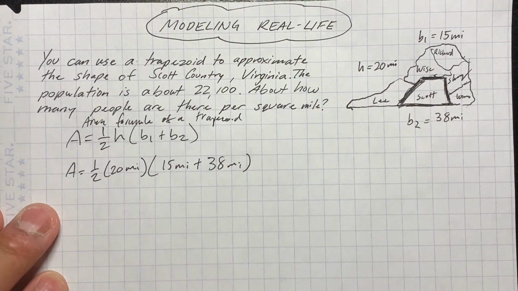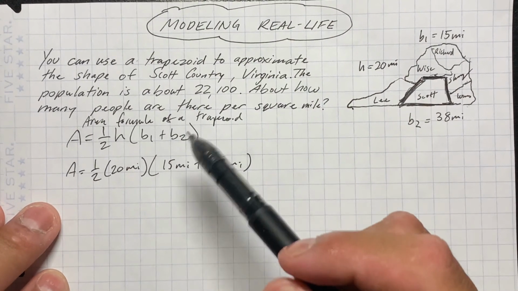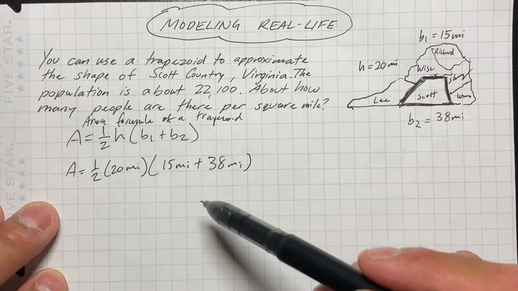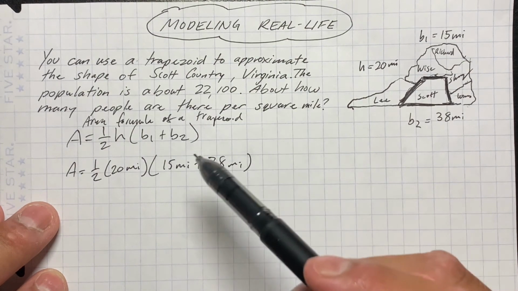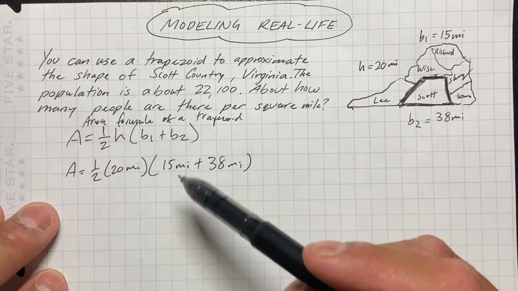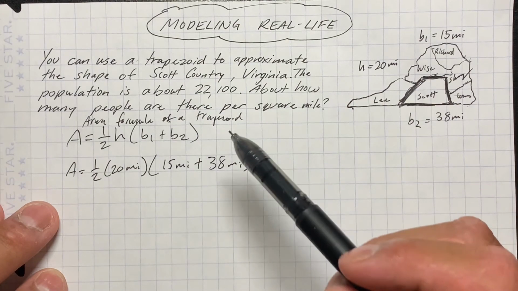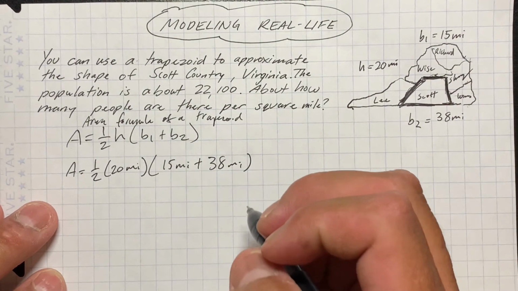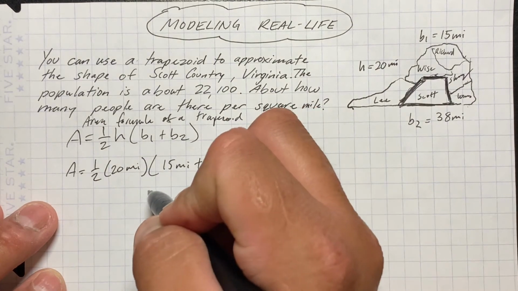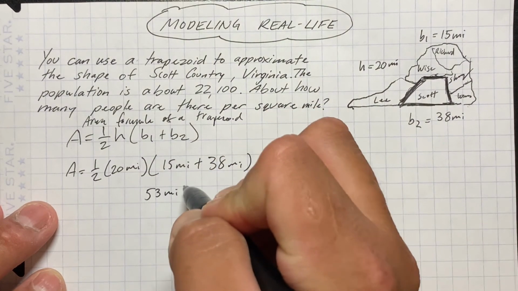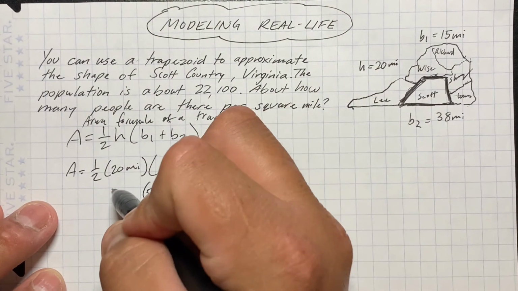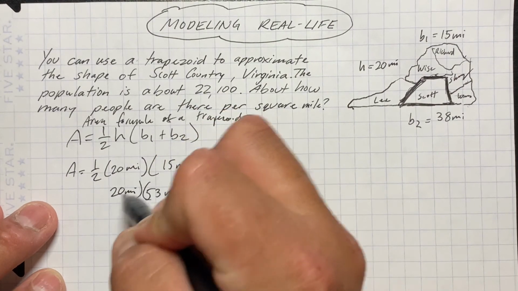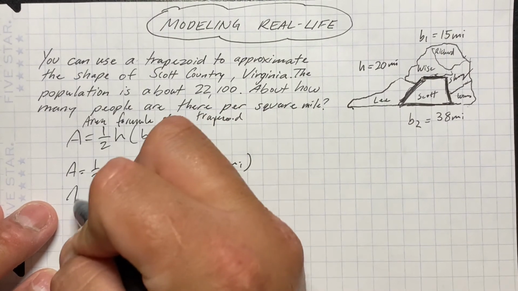We wrote the formula of the area of a trapezoid, and then we substituted 20 miles for the height, 15 miles for base 1, and 38 miles for base 2. Then we add 15 plus 38, which is 53 miles. And then we multiply that times 20 miles and times half.